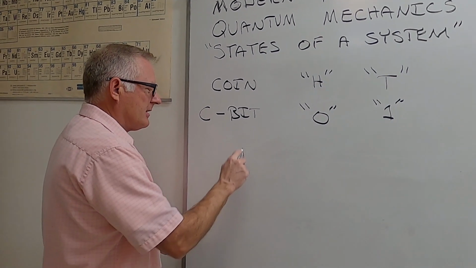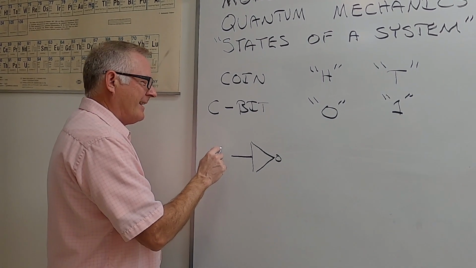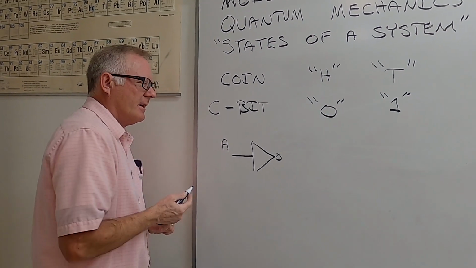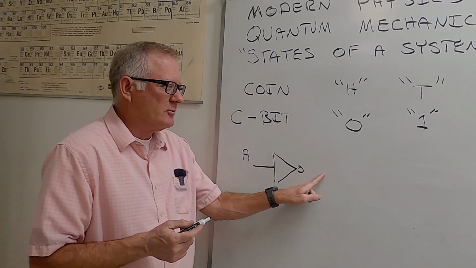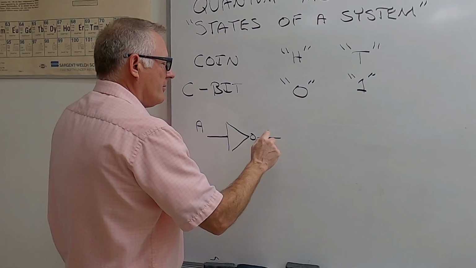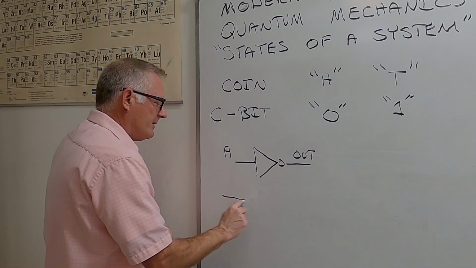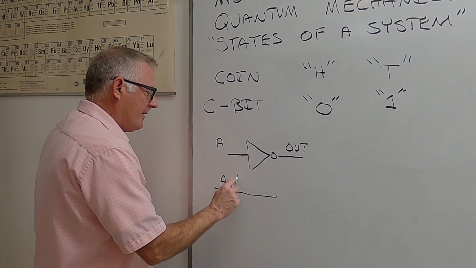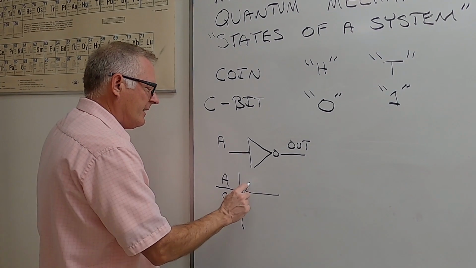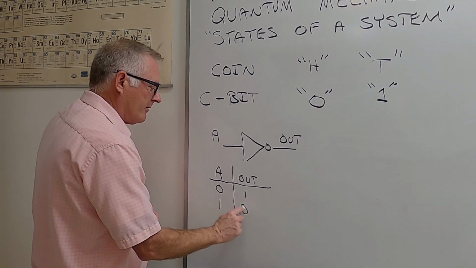That is, if I put in A, if A is a 0, then out comes a 1. If I put in a 1, out comes a 0. So if A is a 0, the output is a 1. If A is a 1, the output is a 0.